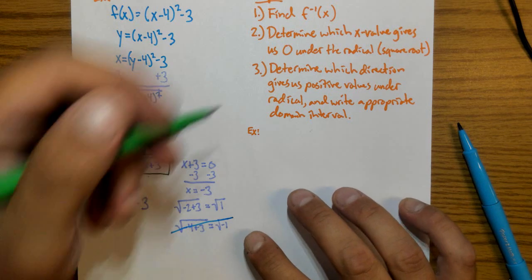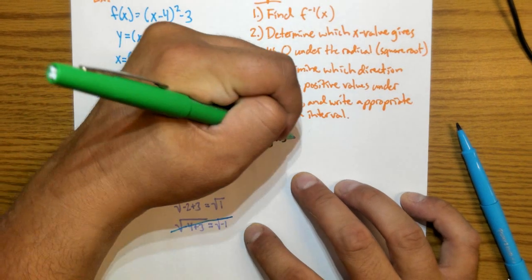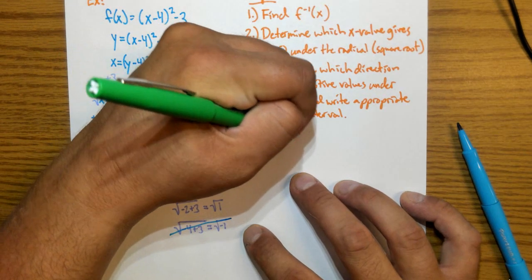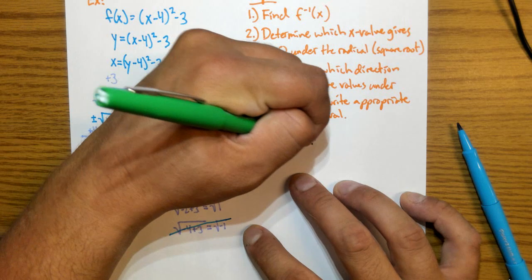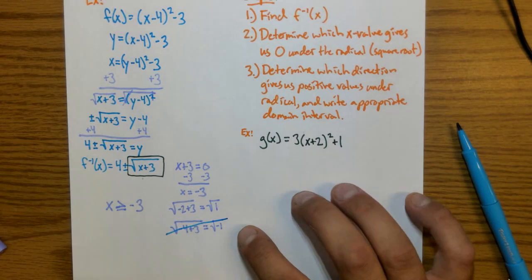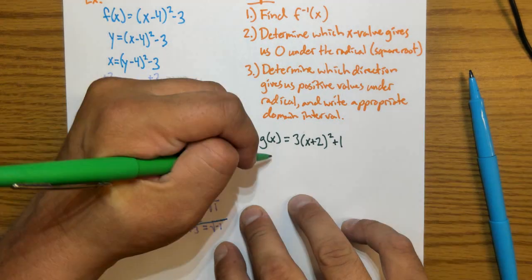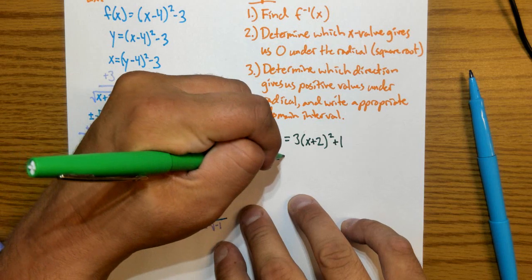In this example, let's say that we have g of x is equal to 3 times x plus 2 squared plus 1. So let's find the inverse. Let's see, we're going to turn g of x to y.